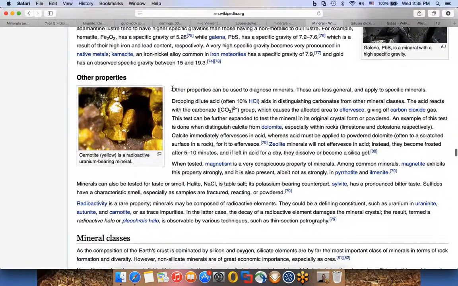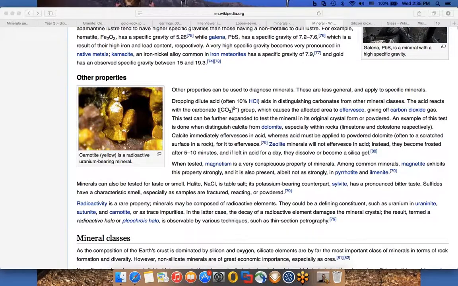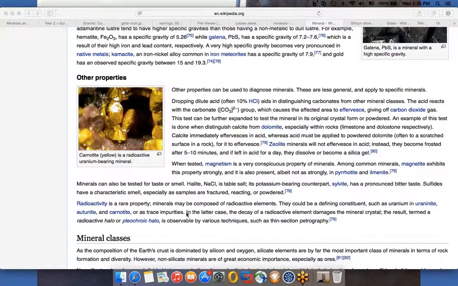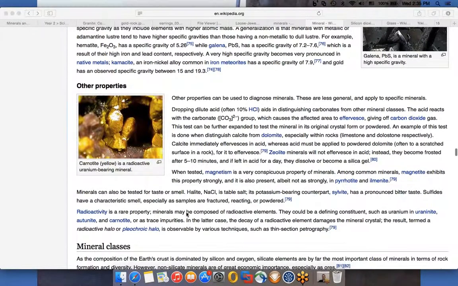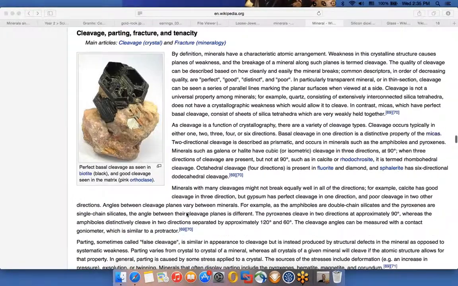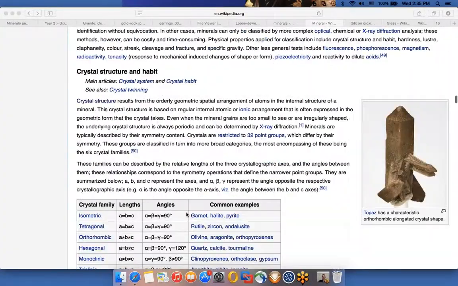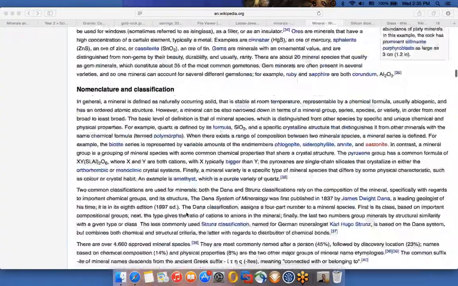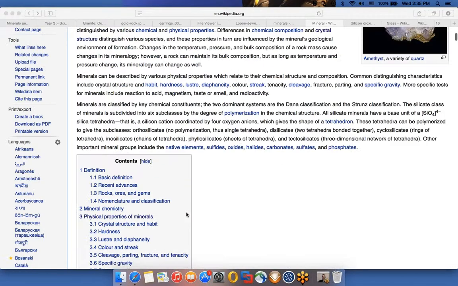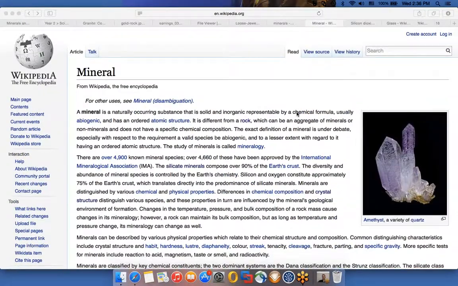There are other properties for minerals like magnetism, radioactivity, and so on. So, a very interesting article. It is actually quite accessible. We'll be able to understand most of it.